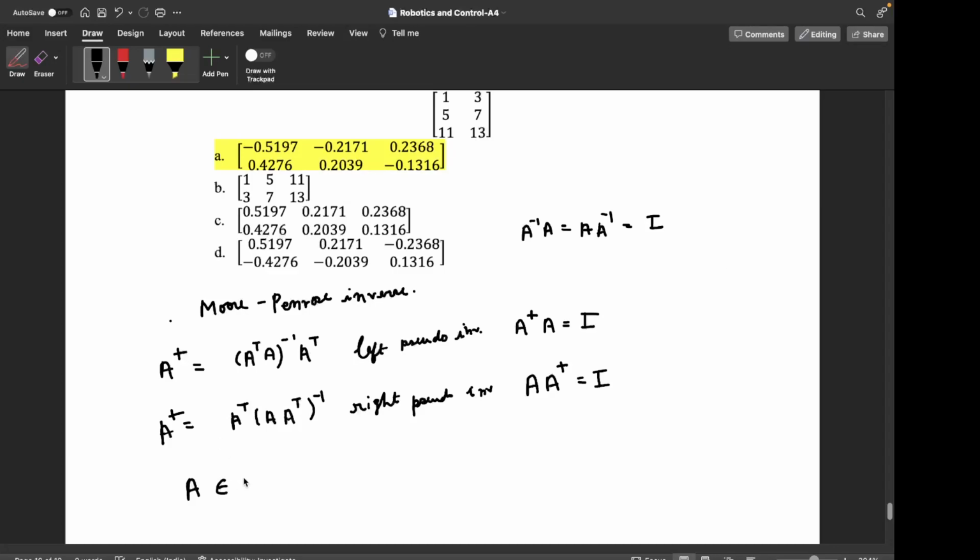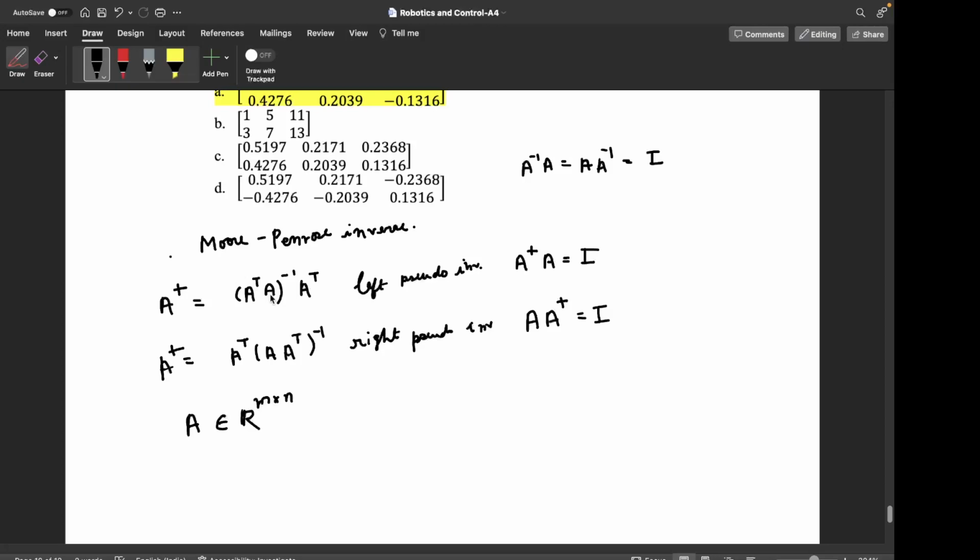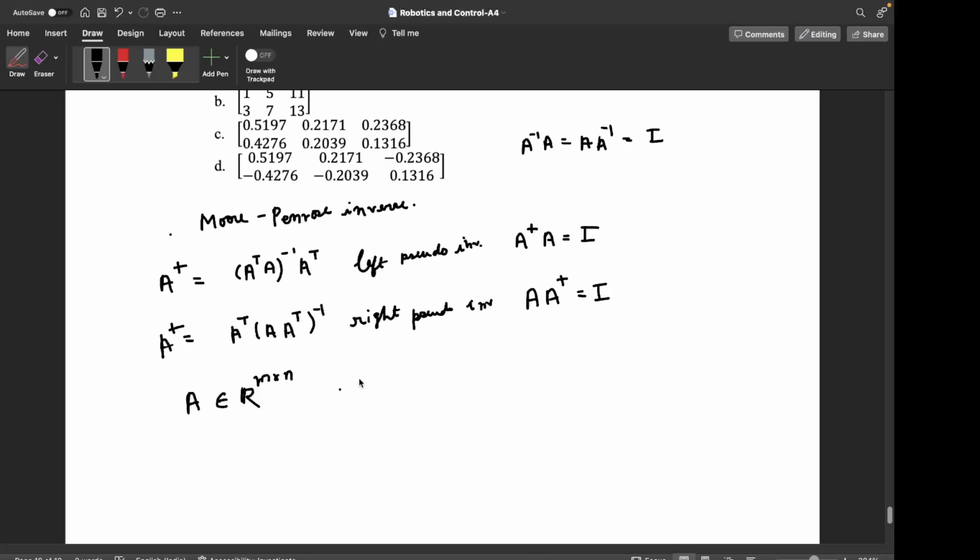So A belongs to R^(m×n), right? And note that A^T A and A A^T are square. A^T A belongs to R^(n×n), and similarly A A^T will belong to R^(m×m).